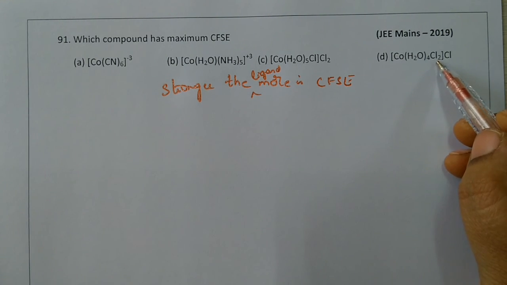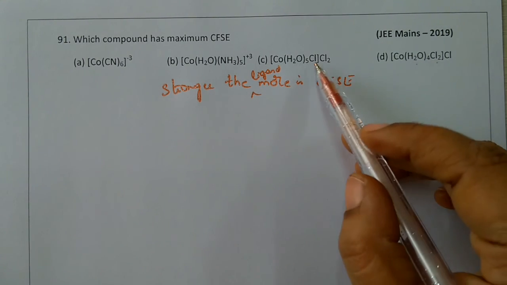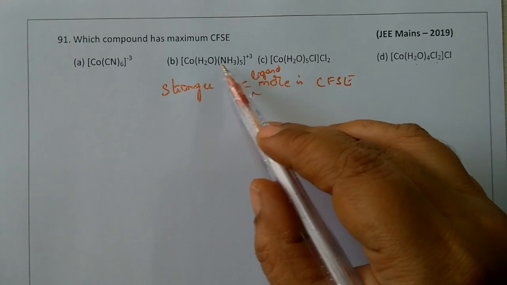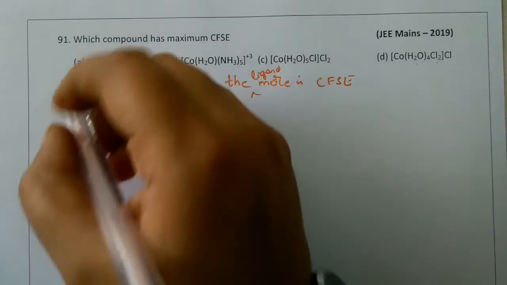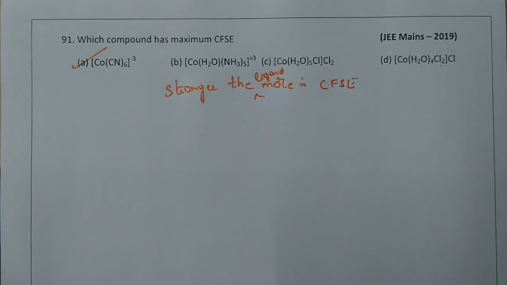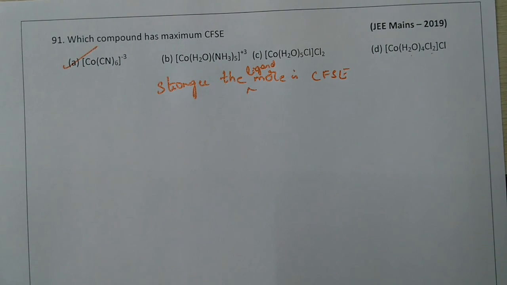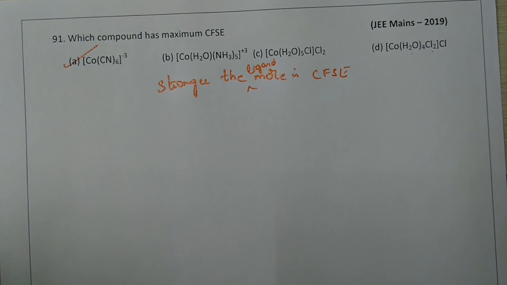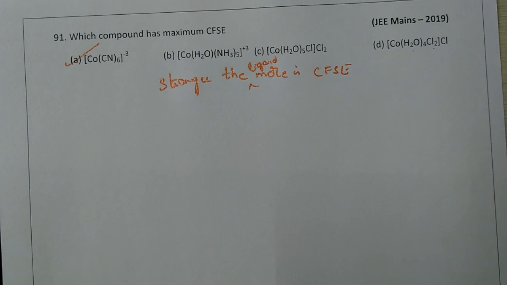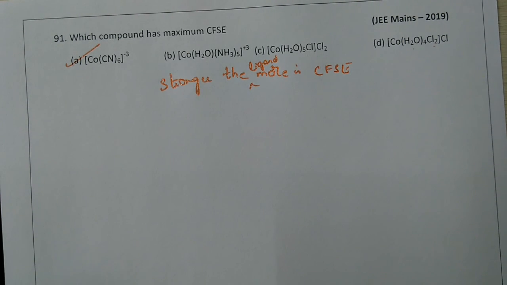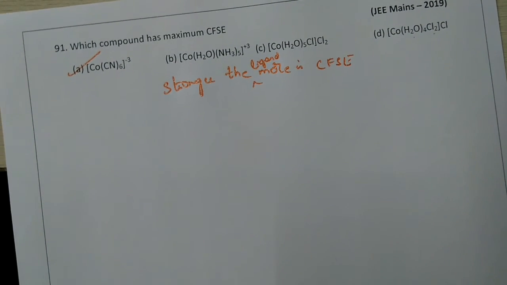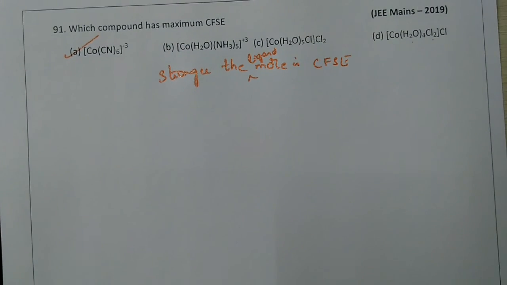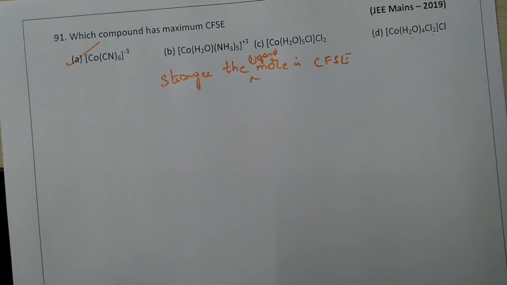You can observe this is weak, this is also weak, this is weak, this is also weak, and this is also weak. This is the stronger ligand. So field strength is important. If field strength is more, then crystal field splitting is also more. So the stronger the ligand, the more is the CFSE value, or the more will be the crystal field splitting. Thank you.